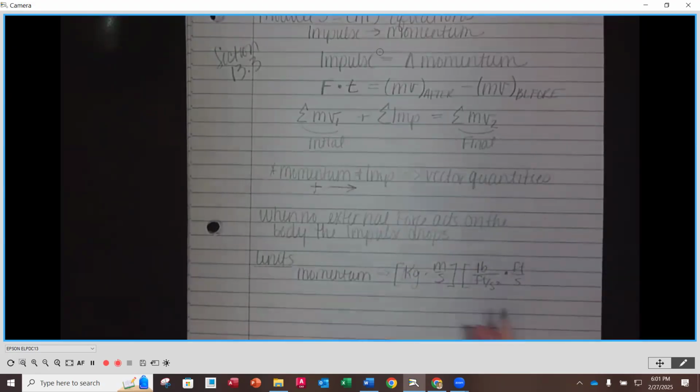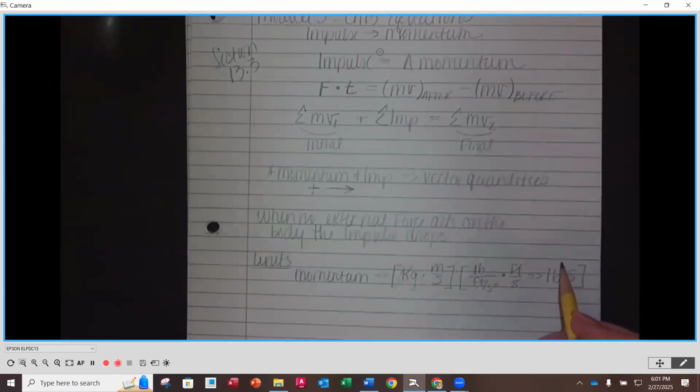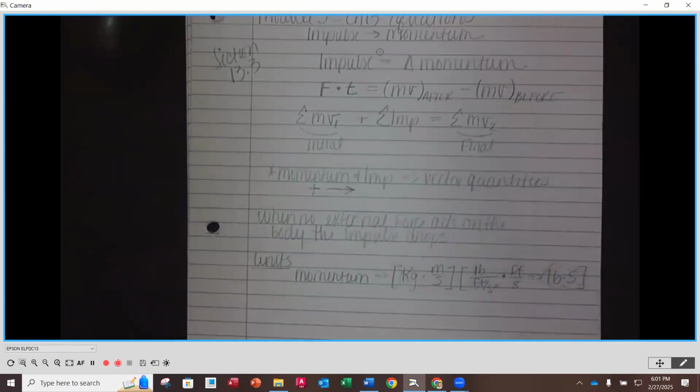Now, as you can see here, our feet are going to cancel out when those two multiply together. And then my seconds squared are in the denominator of the denominator, so they multiply on top. So one of these seconds is going to get rid of one of those seconds. So this ends up being pounds times seconds as the units in the English system. Okay.